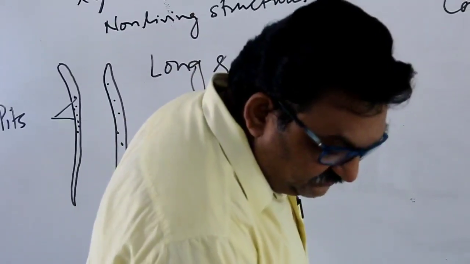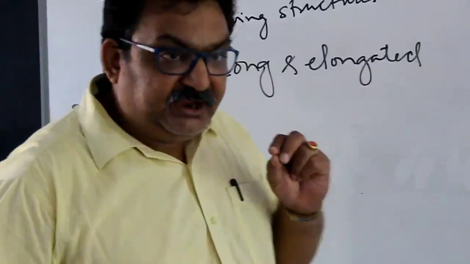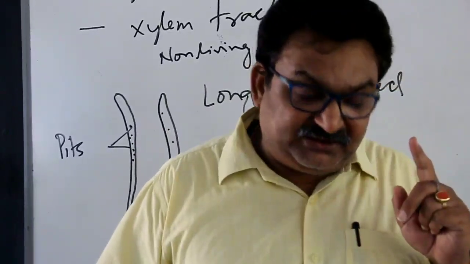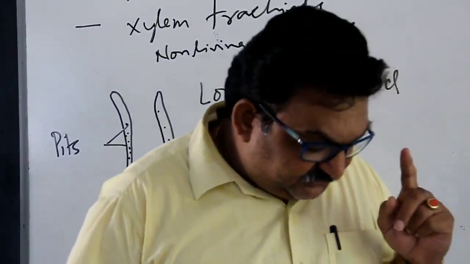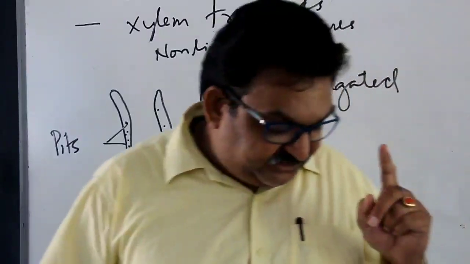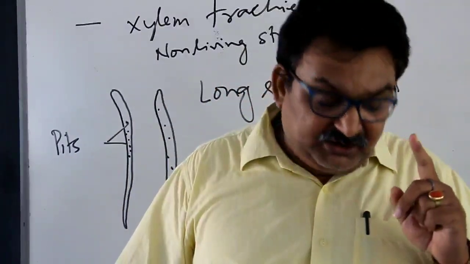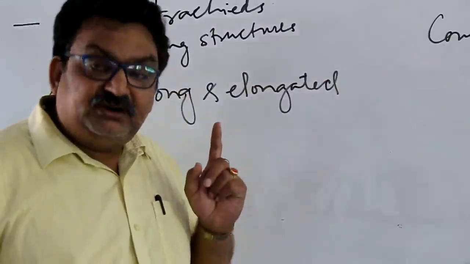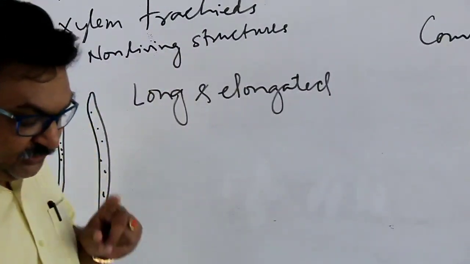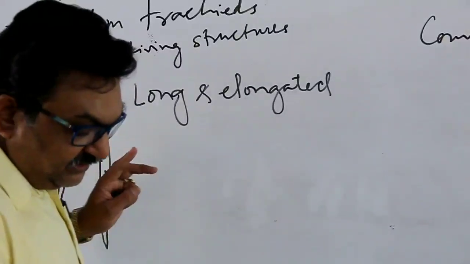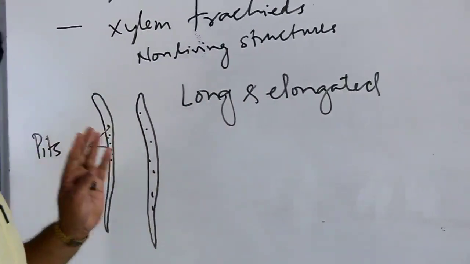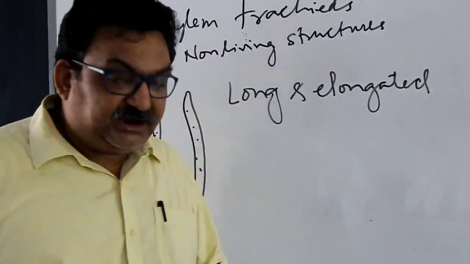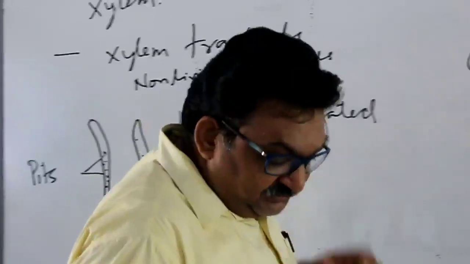You have pits in this. What are pits? These are minute openings in the secondary cell walls, and they allow water and nutrients from one cell to another. It helps in linking water uptake from roots to leaves for transpiration as well as photosynthesis. And the general function of xylem, as you already know, is transport of water and minerals from the roots to the different parts of the plant body.